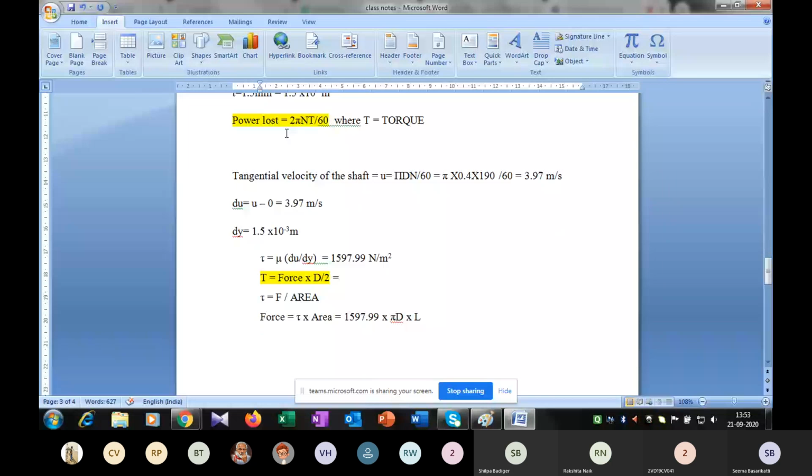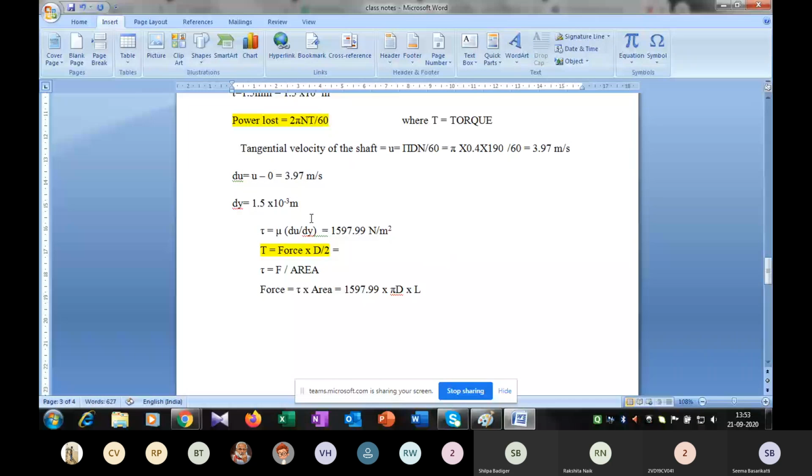You only have to remember these equations. Now equate this value, that is 1587.99 multiplied by pi into d, which is 0.4, and the length of the shaft is 90 into 10 raised to minus 3.